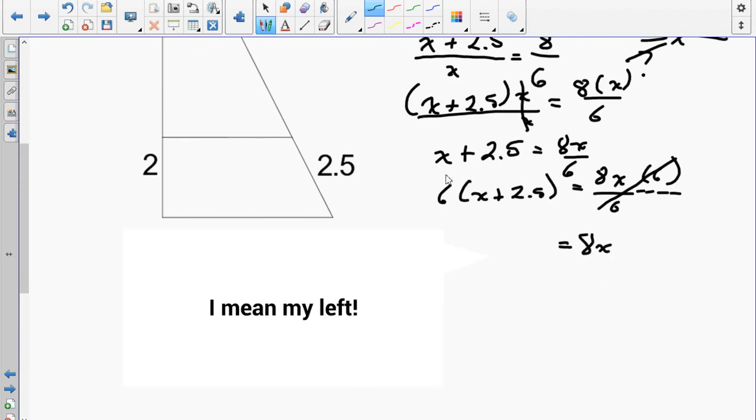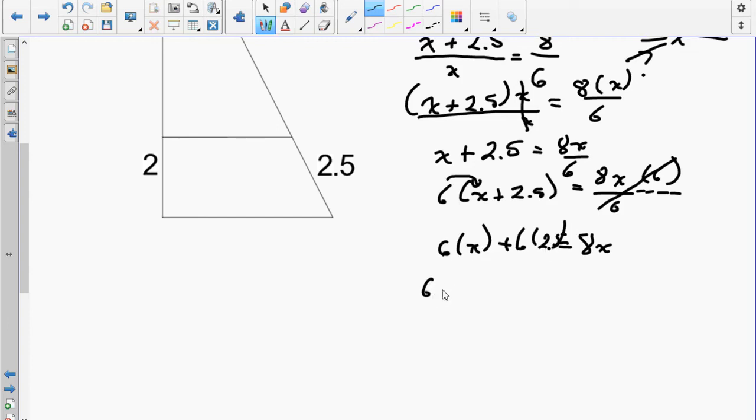On my left, I'm going to do my distribution law. This is 6 times x plus 6 times 2.5. Now, 6x is simple, and the other one, 6 times 2.5, that's actually 15, and that's equal to 8x. So now we're down to a little bit simpler. I've got to get rid of the 6x. To do that, I'm going to subtract 6x from both sides because I want to keep my variable positive. So this becomes 6x take away 6x.